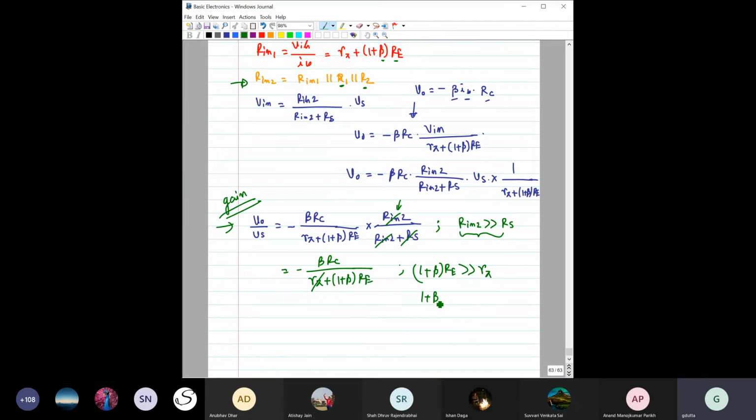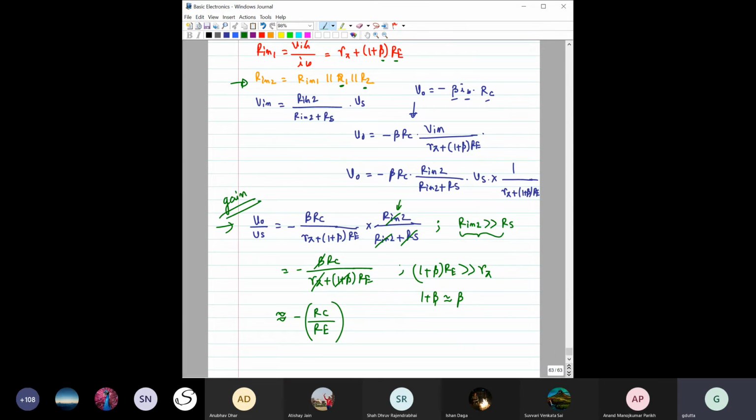Also, this assumption is quite valid that 1 plus beta can be treated as beta. So these two cancel out, and the overall gain can be approximated to this simple expression. It is basically nothing but minus RC by RE, right?